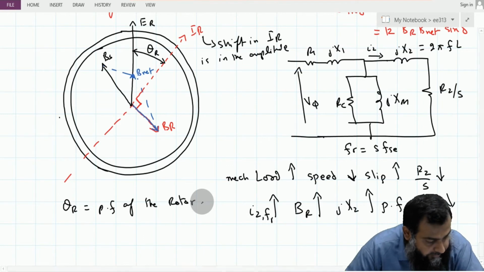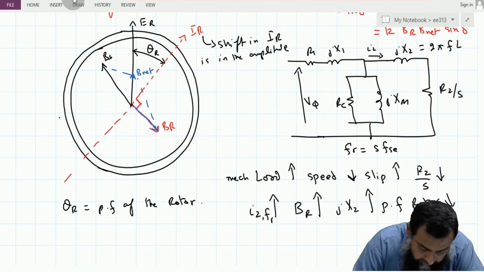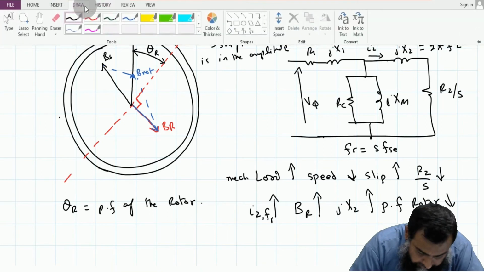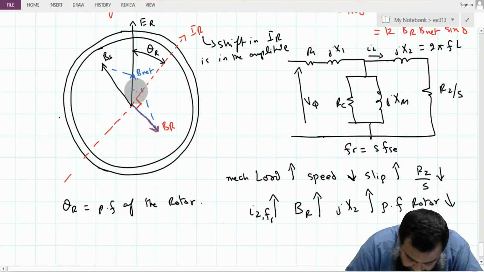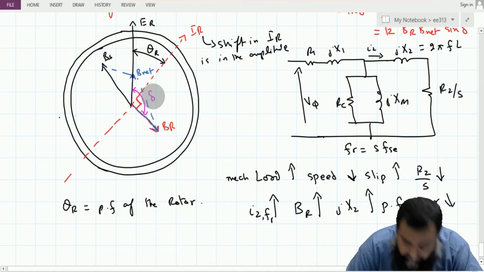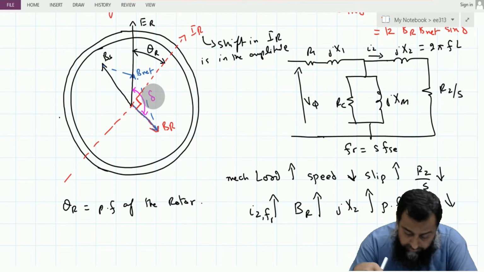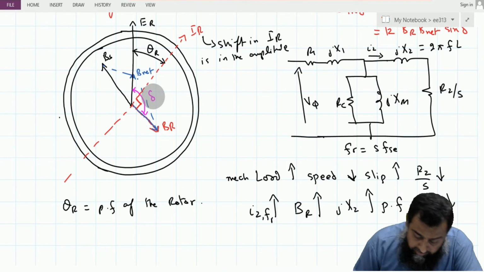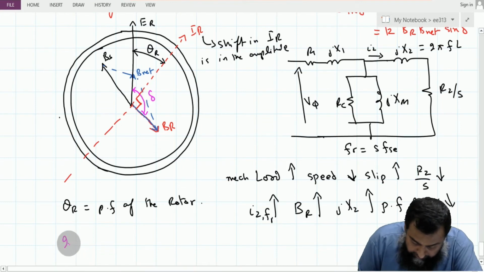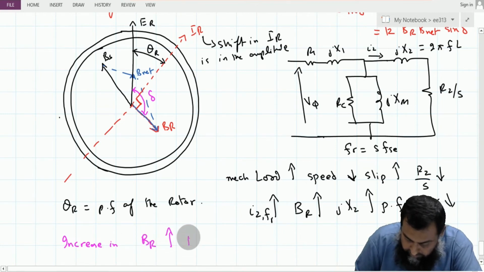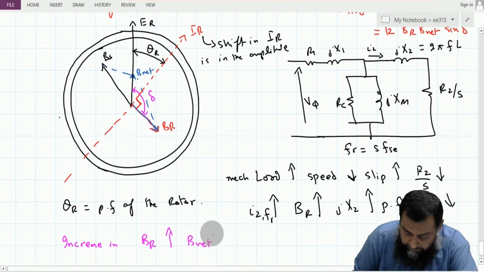Also we have this angle between the B net and this BR, that is known as the delta. So we can see from this discussion that an increase in BR increases the B net, right?